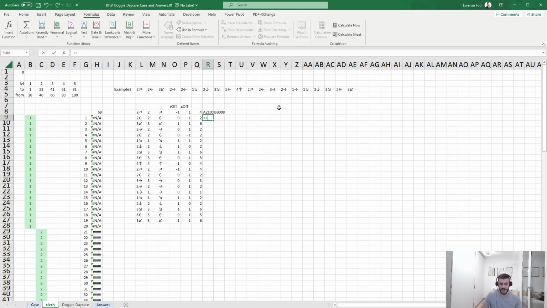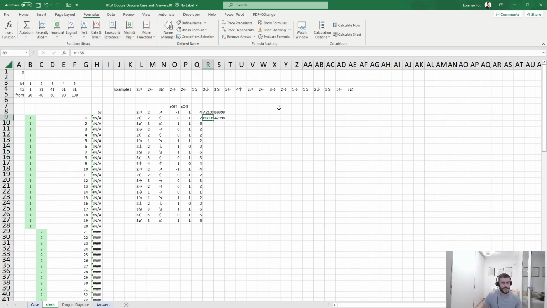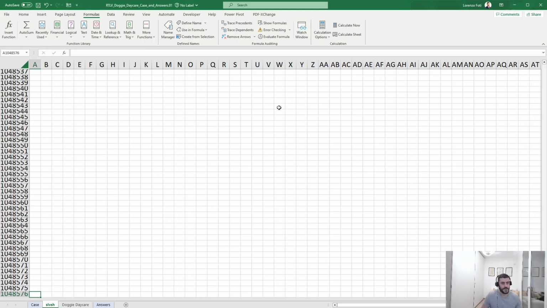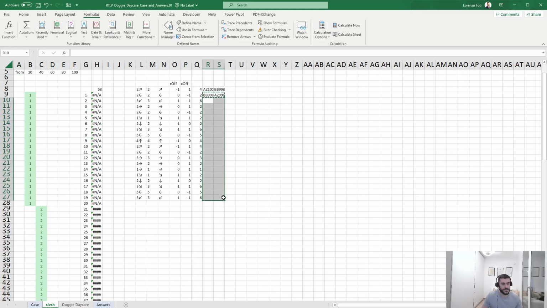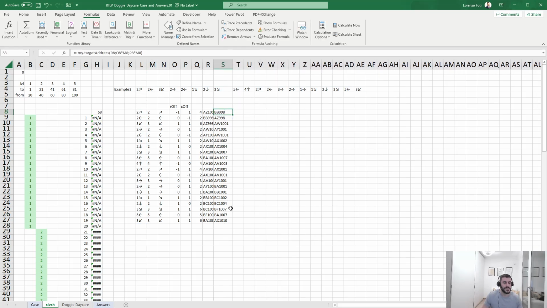Then I will simply link the next one to this, and leverage the same idea. And that's it basically. So you end up in cell AX something. Let's check that I have everything. And then it's only a matter of calculating the distance from the last one to the first one.